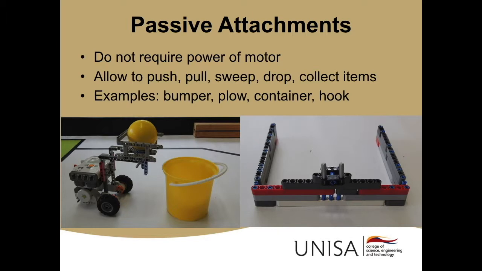Here on the bottom you see two different passive attachments. On the left there is an attachment that allows to carry a ball, and it actually has a pivot mechanism that tips the attachment to the front by the lever on its bottom as the attachment hits the wall of the bucket, and then the ball falls into the bucket.